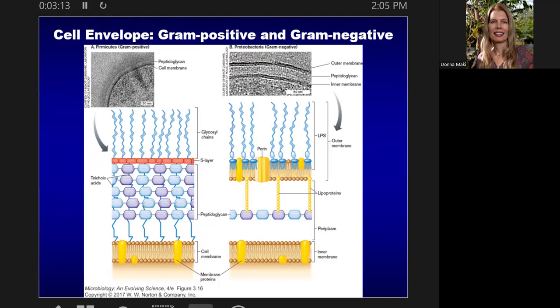Here's a little bit more detail. Again, just trying to show some of the major differences, and the peptidoglycan is the big idea here. And then the other big idea is that outer membrane showing up in the gram-negative cell wall. And you don't really have that at all in the gram-positive. Some very nice electron microscope pictures showing those.